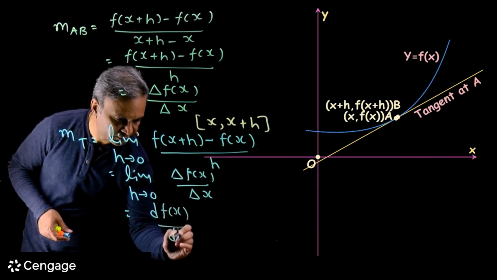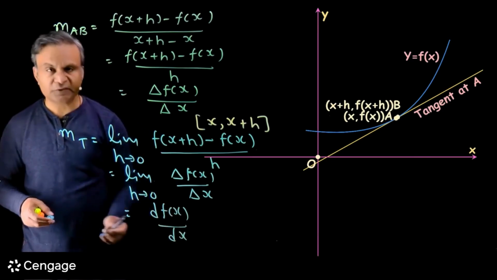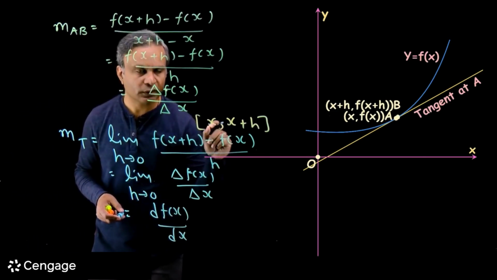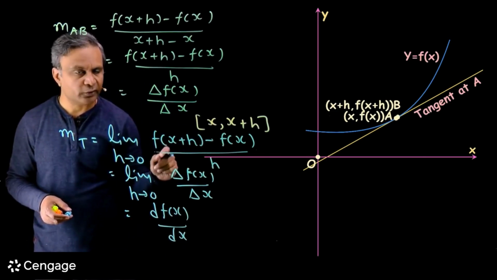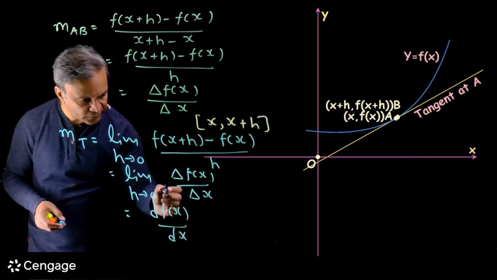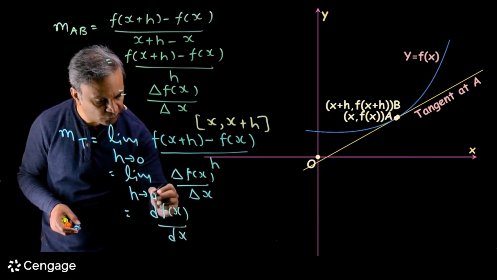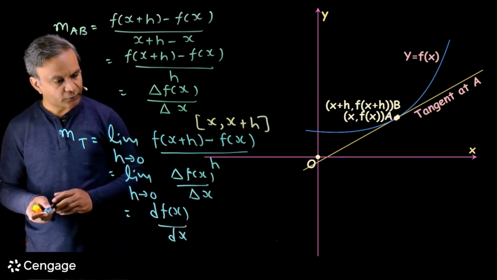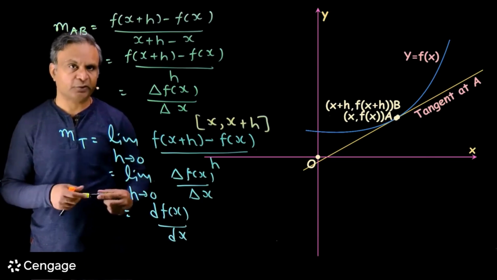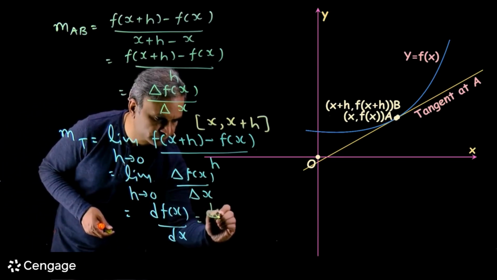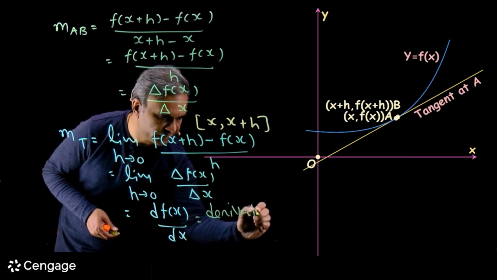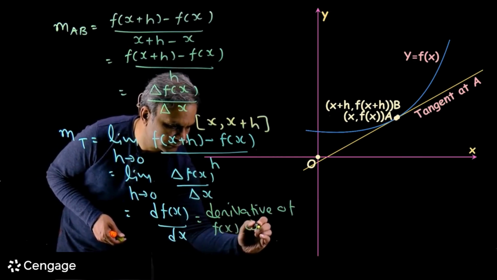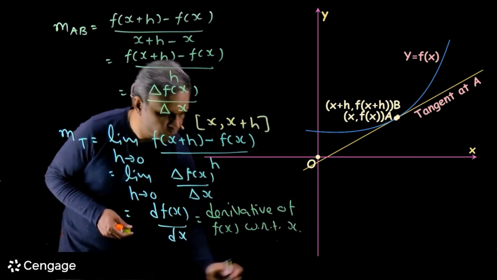This is called df(x)/dx. इसको हम लिखते हैं df(x)/dx. dx means an infinitely small change in the value of x, the independent variable, and df is an infinitely small change in the value of the function. This ratio is called the derivative of f(x) with respect to x.